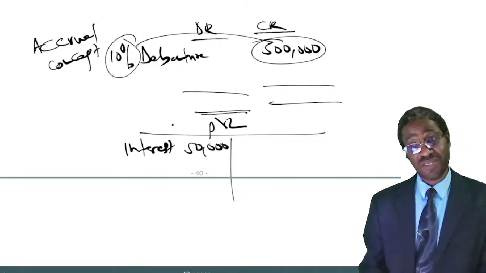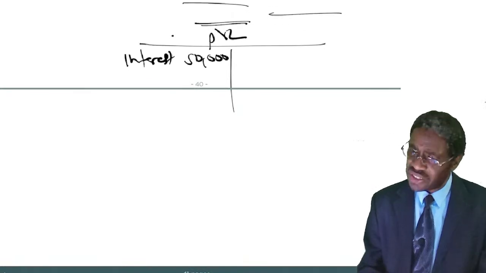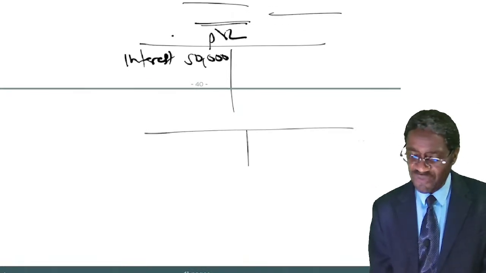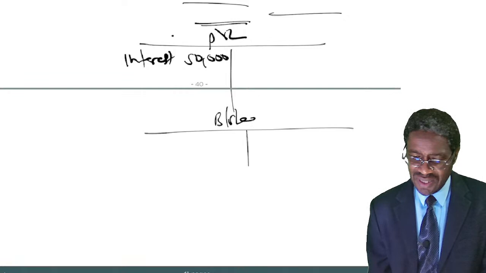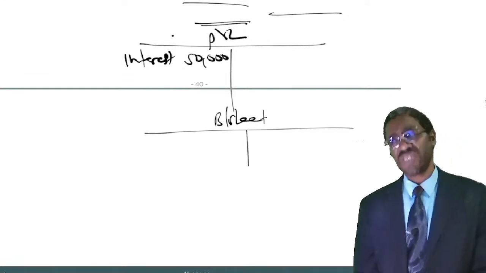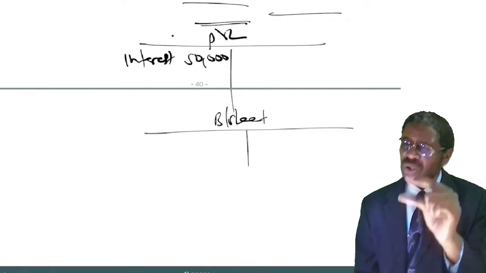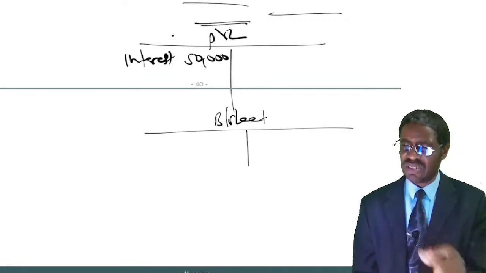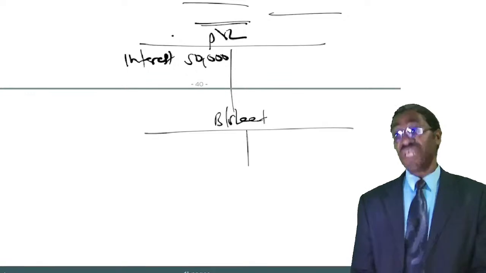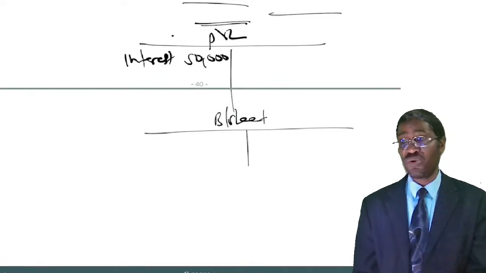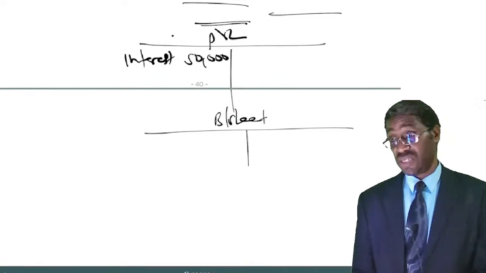In your income statement, you will still recognize interest of 50. In the balance sheet of this company, you will now ask, as a company, do I owe the debenture holders anything for interest? The answer is yes.